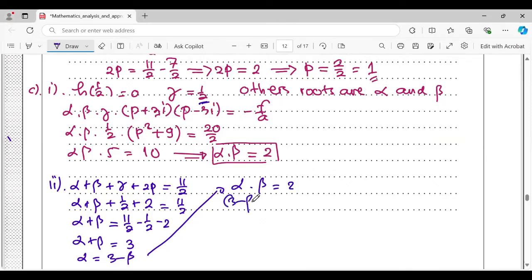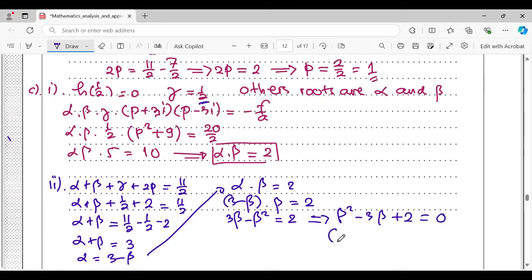3 minus beta times beta equals 2. So 3 beta minus beta squared equals 2, or beta squared minus 3 beta plus 2 equals 0.